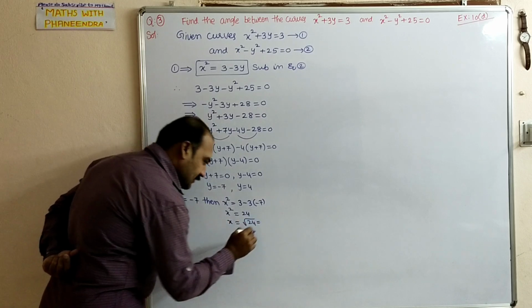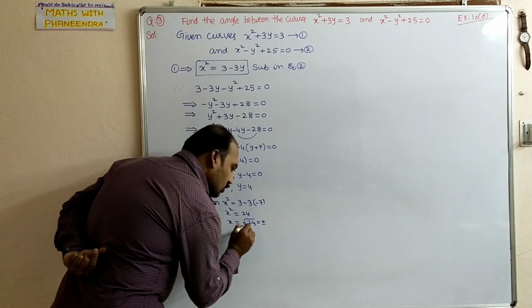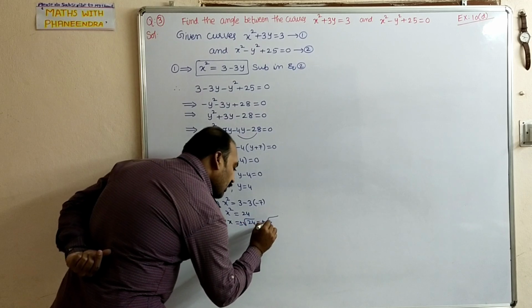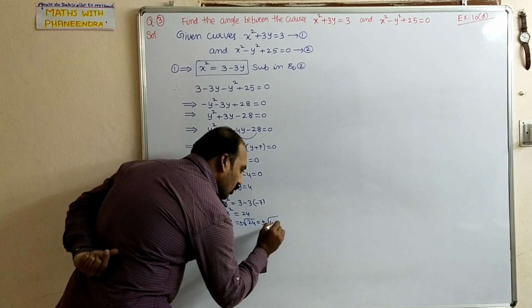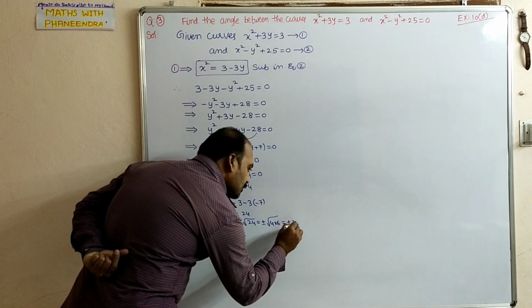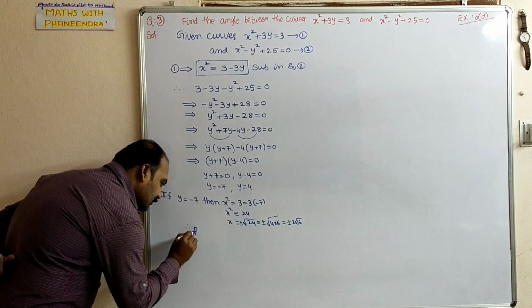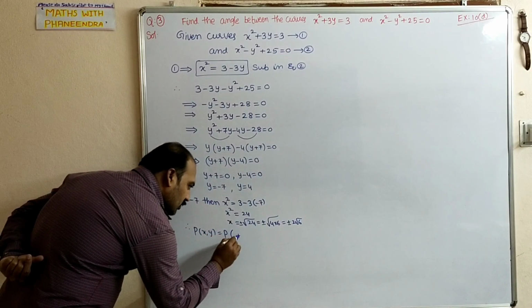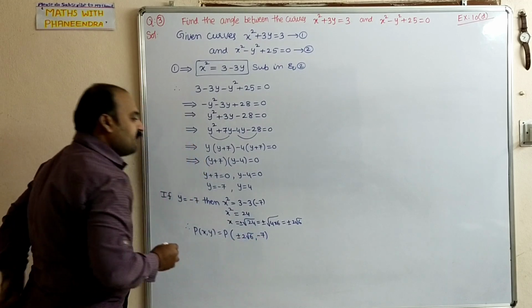We can write it as plus or minus, 24 can be written as 4 into 6, 4 you can take outside, plus or minus 2 root 6. So therefore the point P of x comma y is equal to P of plus or minus 2 root 6 comma minus 7.